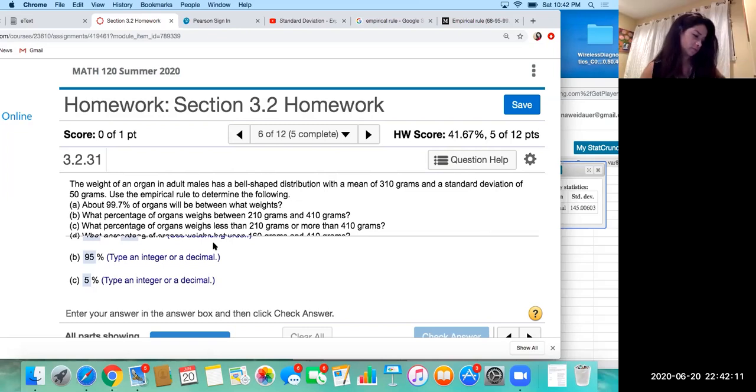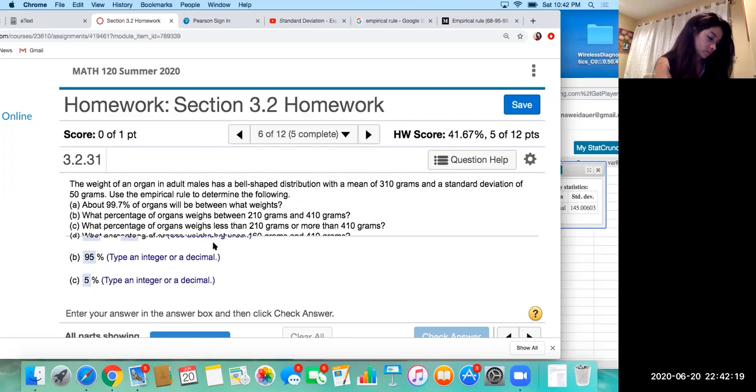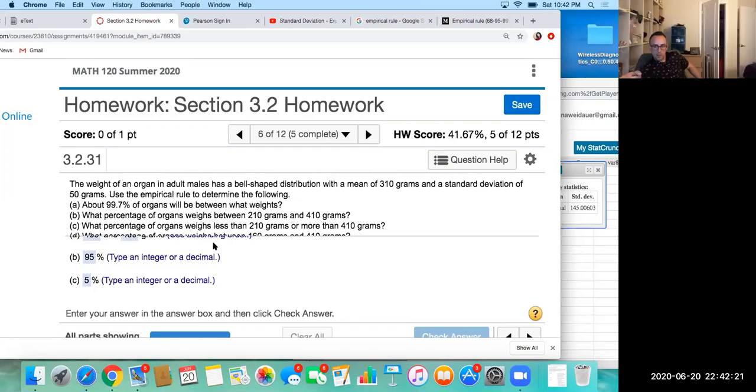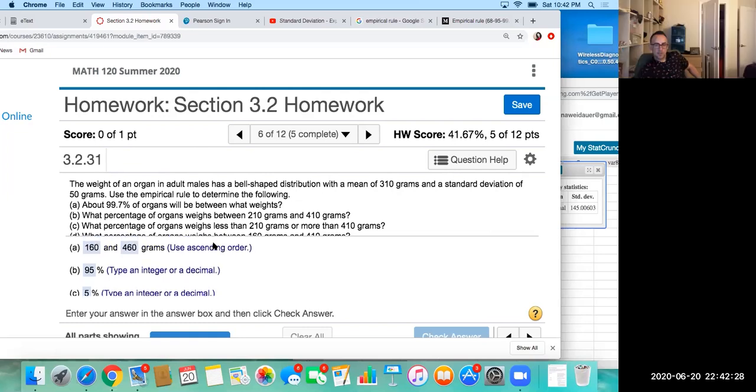So there's 2.5% in the right tail. And now do the same thing with the 160. Now on 160, that was the answer from A, right? Yes.